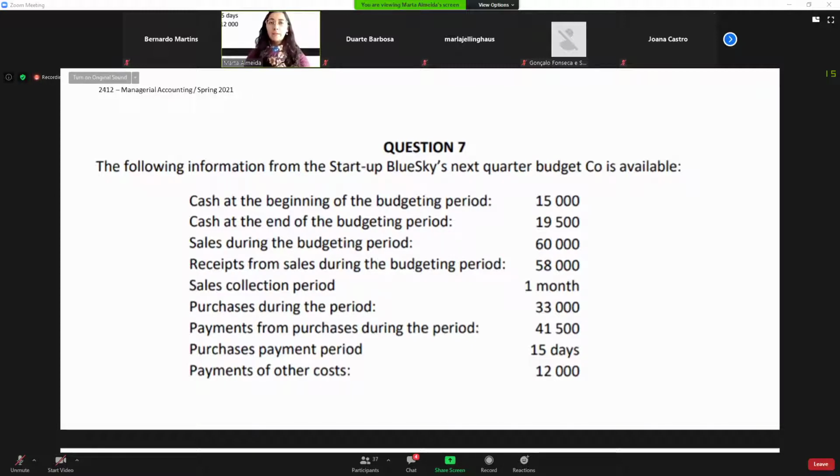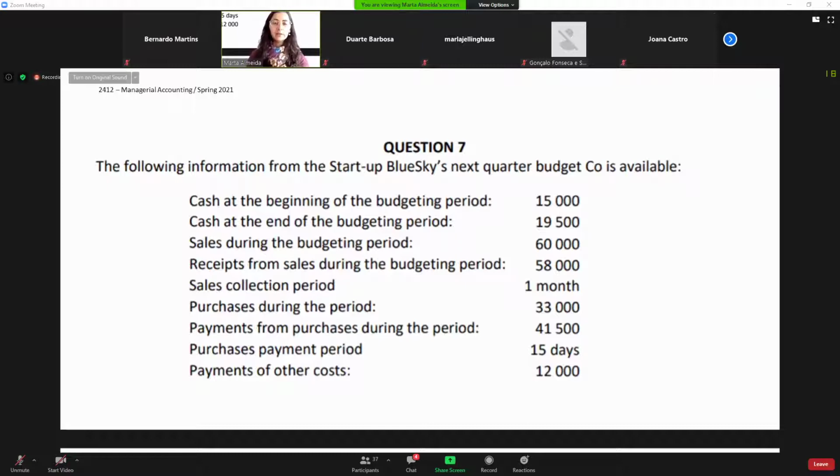So that is one of the assumptions that we make. And we also make the assumption that every month is 30 days, okay? So 1 month is 30 days, 15 days is half a month, okay? So these are the assumptions that we have.